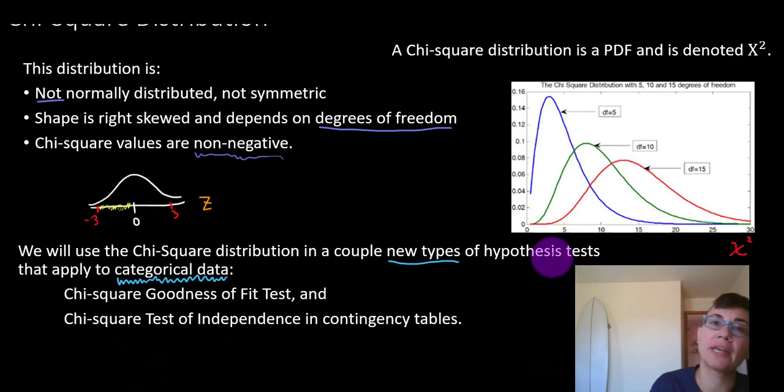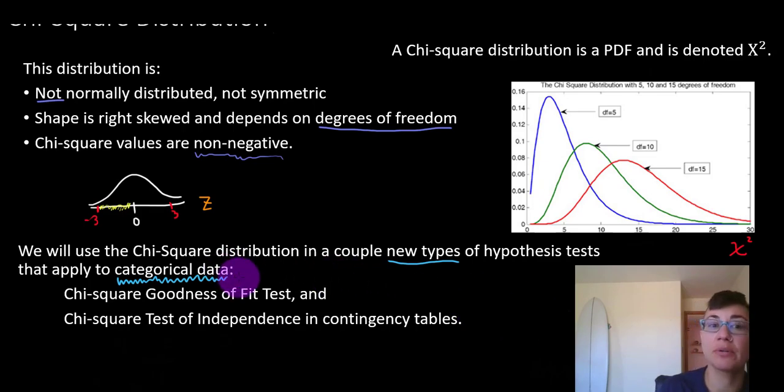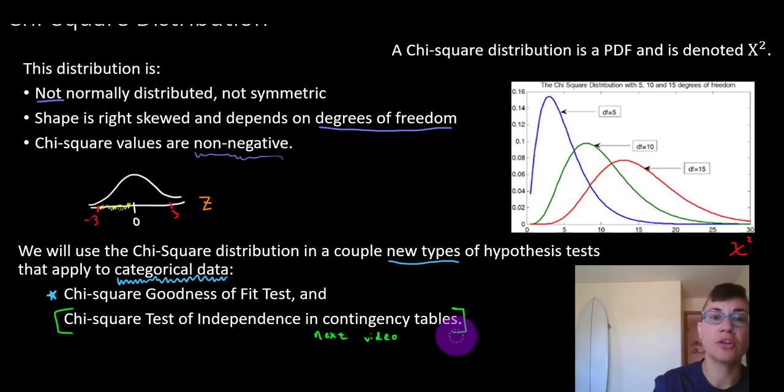That's because there was a dichotomous variable in which, as we described in the previous video, those proportions are based off of a binomial variable. Here, our categorical data, at least for today's video, is going to be a variable that has more than 2 categories. So it's not just success, fail, but we'll have multiple categories that need to be kept track of. And in the next video, we will see another application of the chi-square distribution that applies to a different type of data.